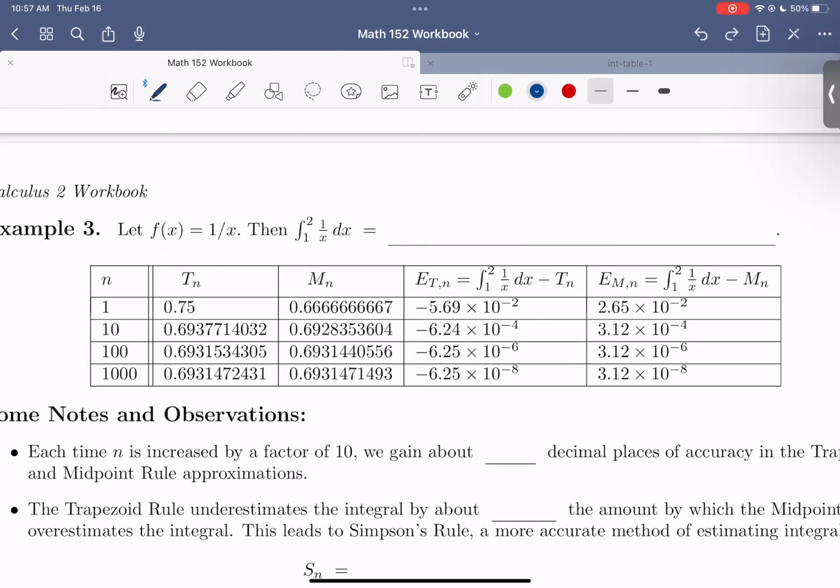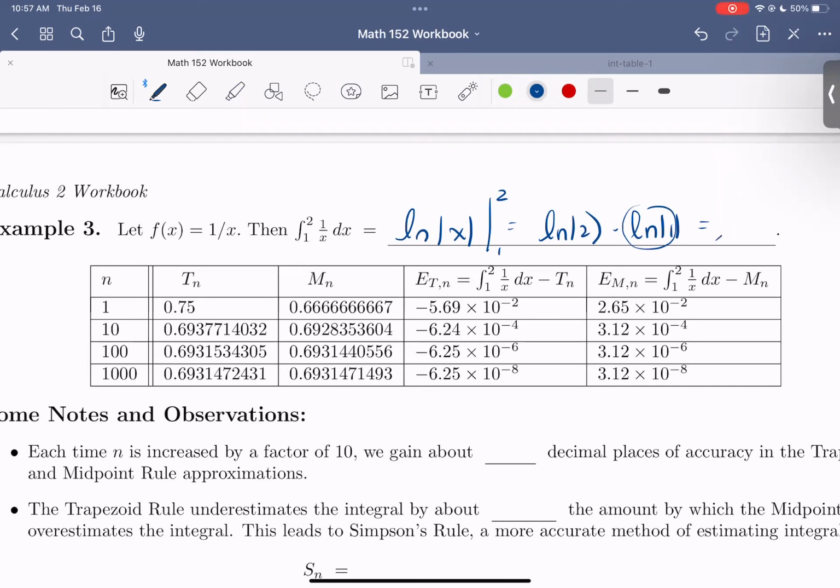So we see that for 1 over x, the antiderivative is ln of x. So we evaluate that at x equals 1 and 2 and subtract. So we get ln of 2 minus ln of 1. ln of 1 is just 0 because e to what power gives me 1? Well, that would be 0.